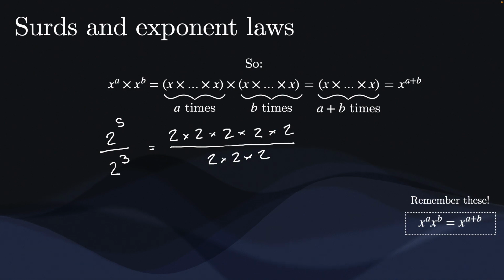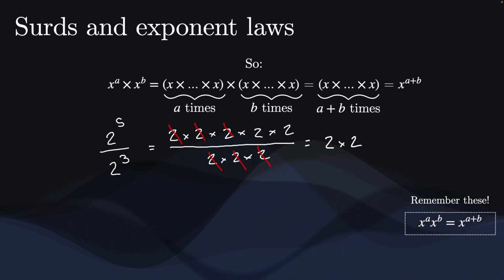Well, they cancel out. So we can cancel these out, cancel these out, cancel these out. So therefore, the entire numerator has been cancelled out and 3 of the denominator has been cancelled out. And therefore, what does that leave us? That just leaves us with 2 times by 2, which is 2 multiplied by itself twice, therefore 2 to the power of 2.